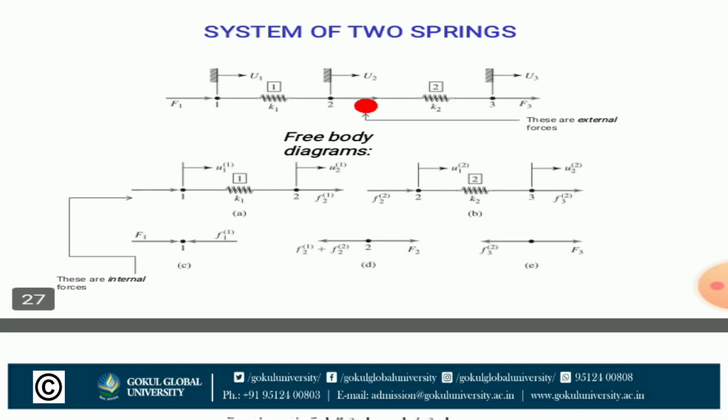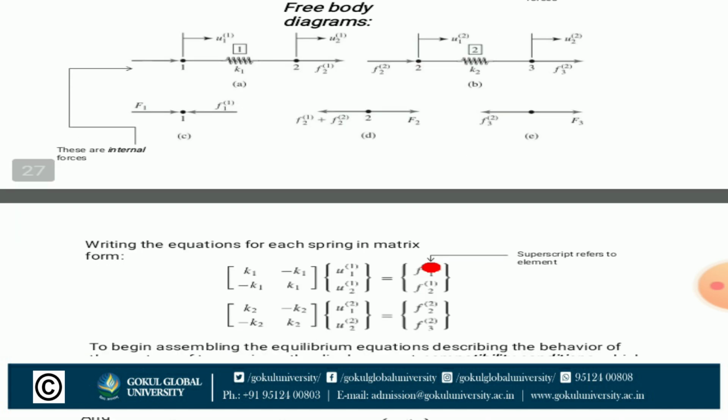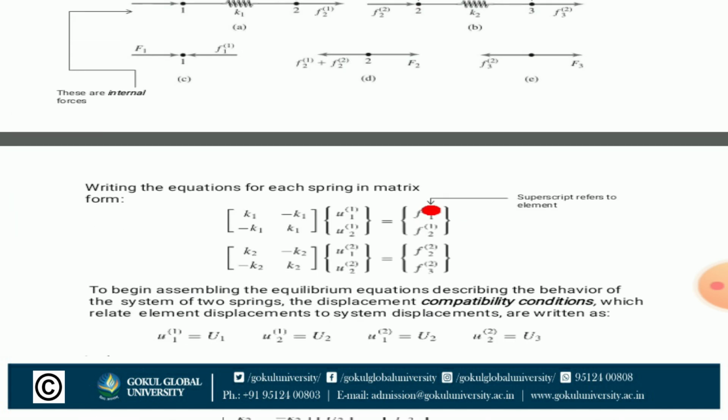In the small diagram b, there are 2 forces, F2 and F3, and nodes 2 and 3 represent element number 2, with spring stiffness K2. Then U1 and U2 are again linear displacements, and again node number 3. With the next equation we can prepare an element connectivity table.